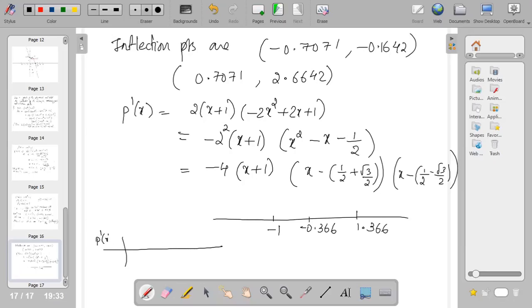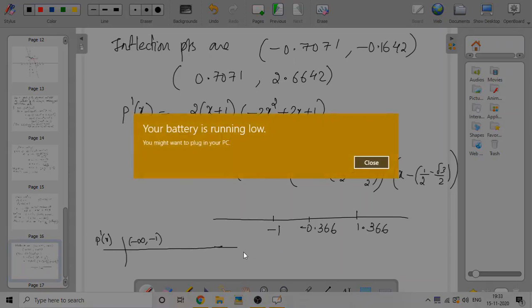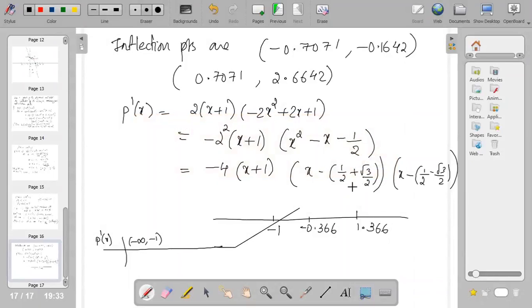So p dash of x from minus infinity to minus 1: the first term will be negative, the second term will be negative and the third term is also negative.